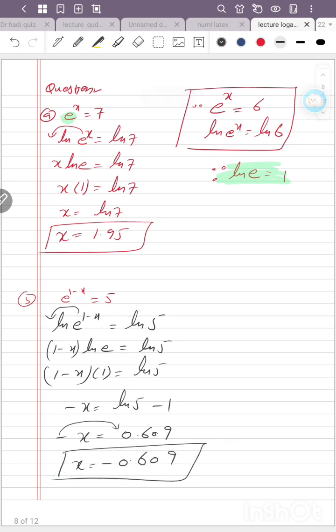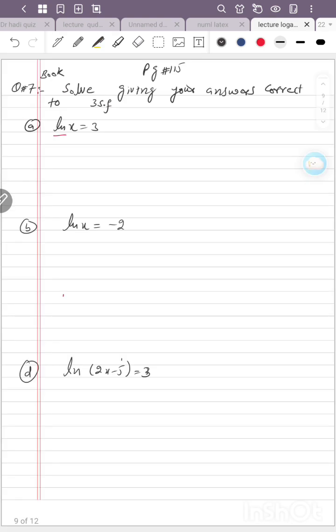Hopefully you can understand this concept. Okay, next question, dear students, is from the book, page number 115, question number 7: solve, giving your answer correct to three significant figures. Natural log of x equals 3. Here the base is e, because for the exponential function the base is e.